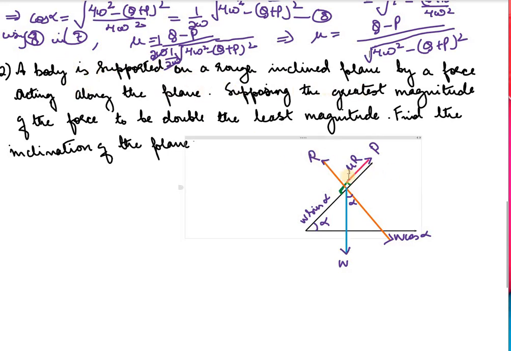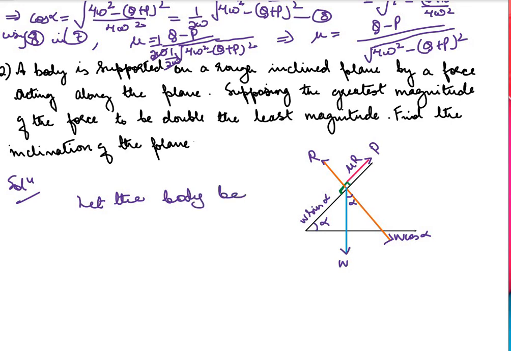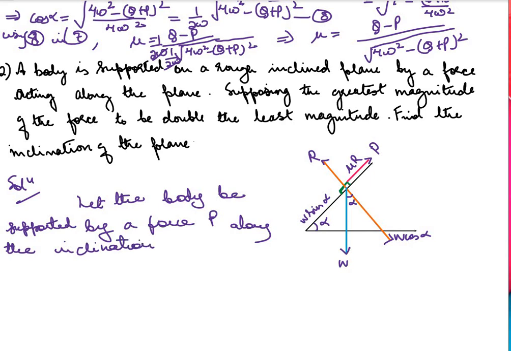Let that force which supports this body from moving downwards be P. Solution: a body is supported on a rough inclined plane by a force P along the inclination alpha, along the inclination of the plane.